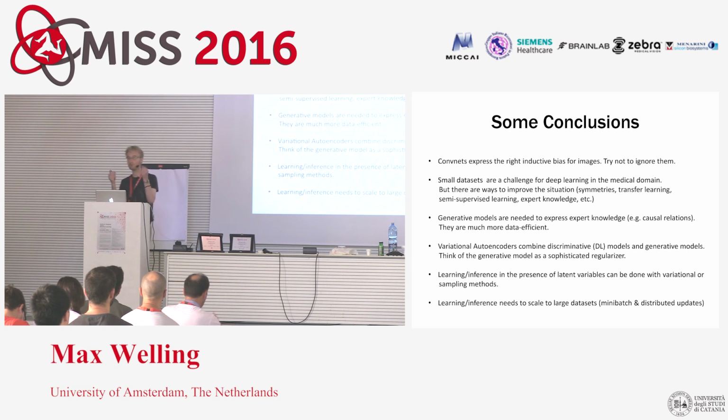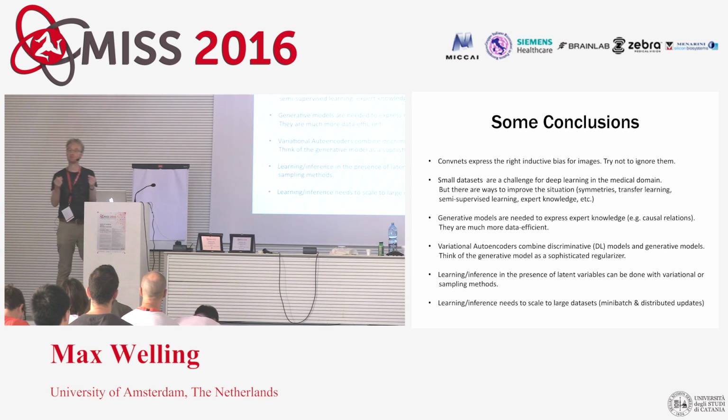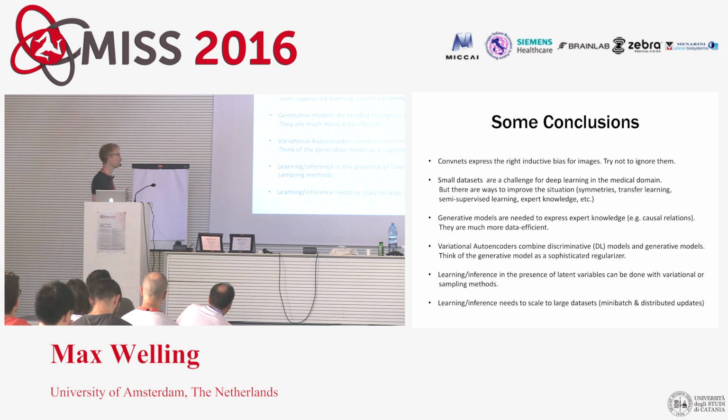So those are the 2 tools we talked about for doing inference and learning. And I think you cannot escape that these days, learning and inference methods really need to scale to large data sets. We talked about the big data test, and I think every method should also be able to be implemented in a distributed fashion. And I have references here for you to look at home.